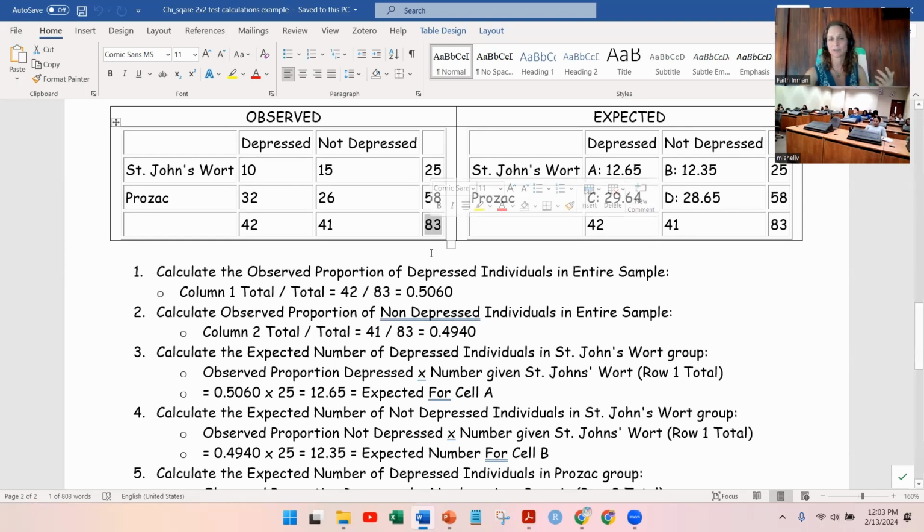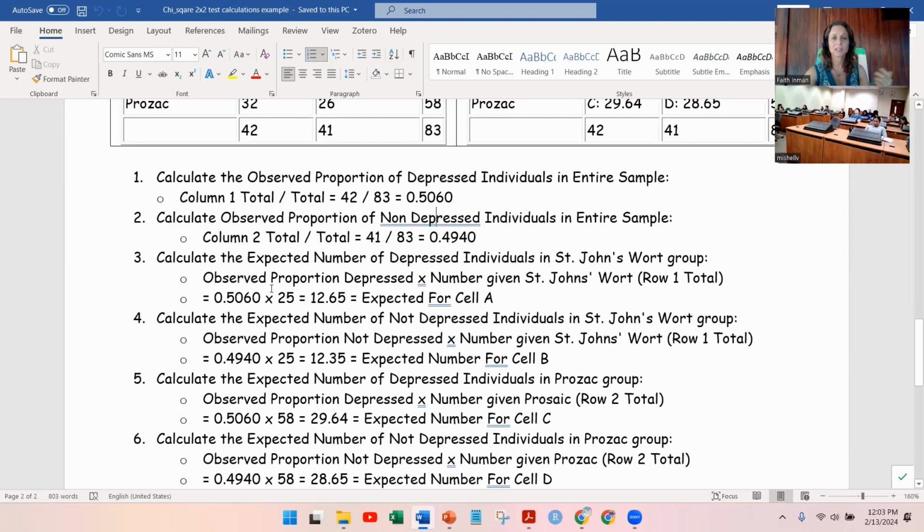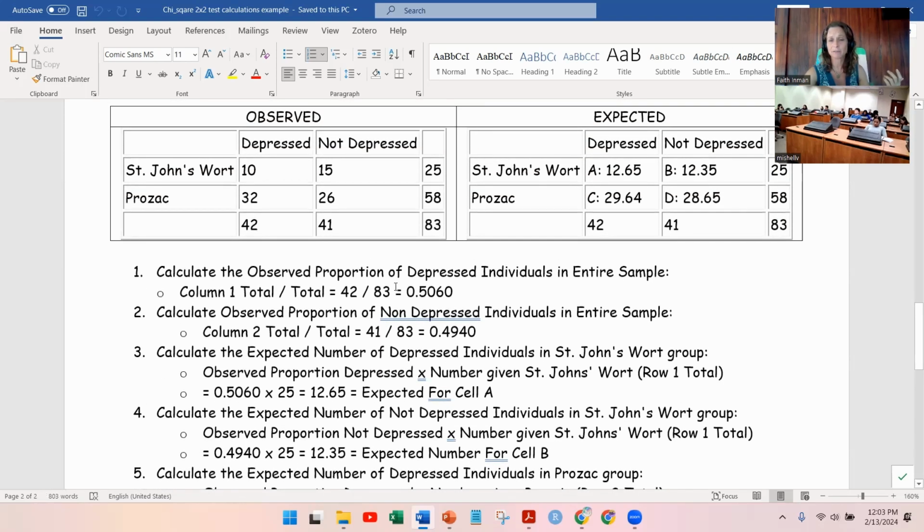So then we come up with a proportion, which is 0.59. It's roughly 50-50. So the expected proportion of depressed individuals in the St. John's wort group is the observed proportion of depressed individuals, 0.506, times the number that were given St. John's wort. How many were given St. John's wort? 25.